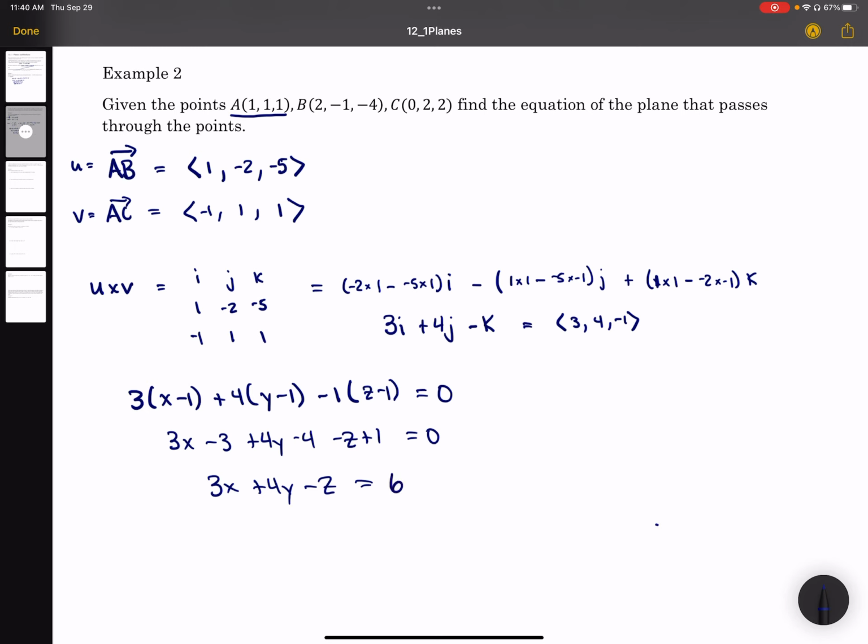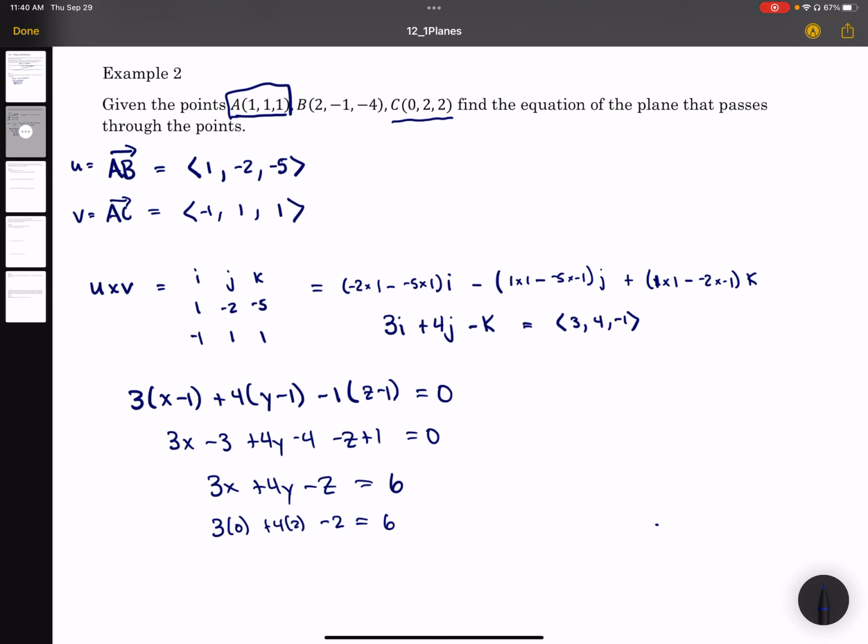One thing to check is to substitute another point that isn't the point that we started with to make sure it works. If we've done our algebra correctly, we know that point A is in that plane because that's what we wrote it for. But maybe check point C. So if we check 3 times 0 plus 4 times 2 minus 2, that's going to give us 8 minus 2, which is 6.